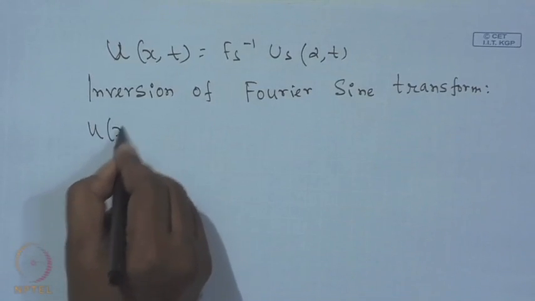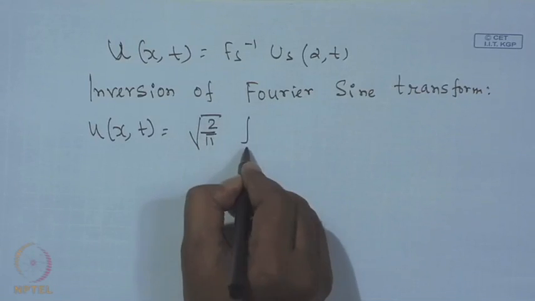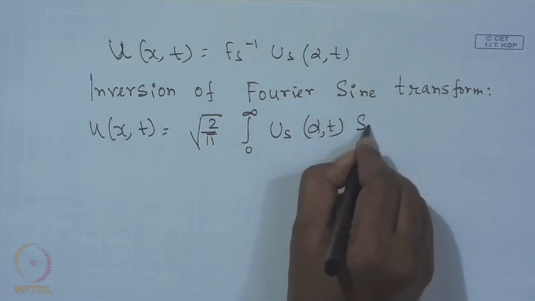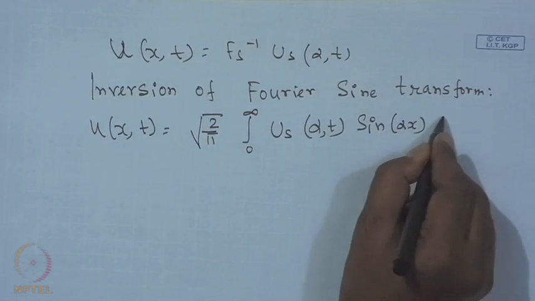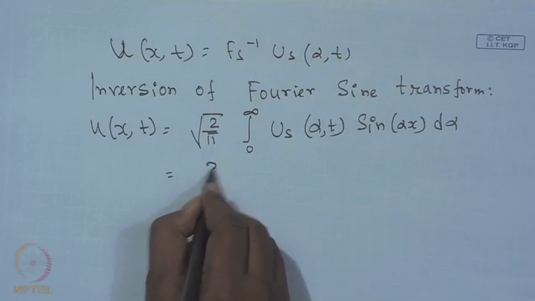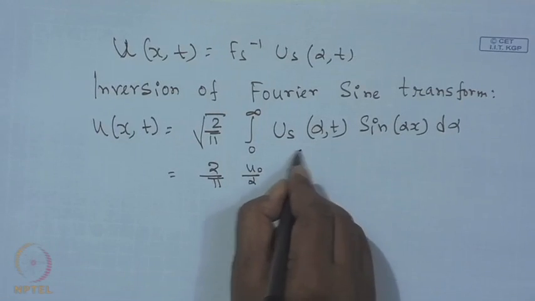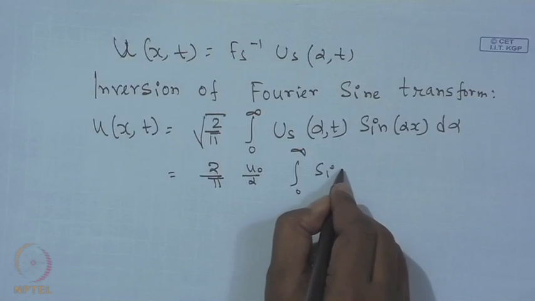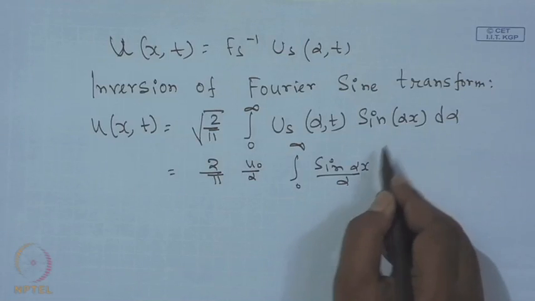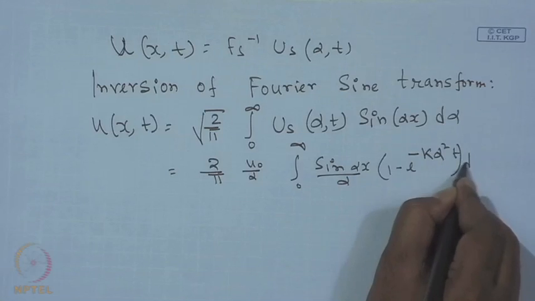You will be getting u as a function of x and t is root over 2 by pi, integral 0 to infinity u_s(alpha, t) sin alpha x d alpha. So, this will be root over 2 by pi u naught by alpha, integral 0 to infinity sin alpha x divided by alpha, we just put the solution u_s, 1 minus e to the power minus k alpha square t d alpha.